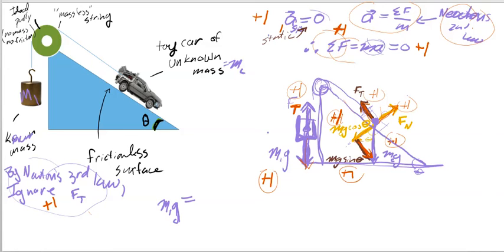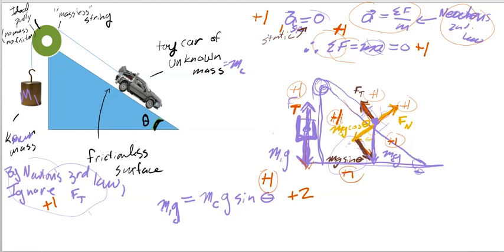What's pulling it to where it's not falling? If you've got a force pulling the system down like this, then you're going to have a force pulling something down the ramp to balance it. Well, the only one that does that is mg sine theta, or mc, that's the car, g, sine theta. So you're almost there. Give yourself 2 points for that.